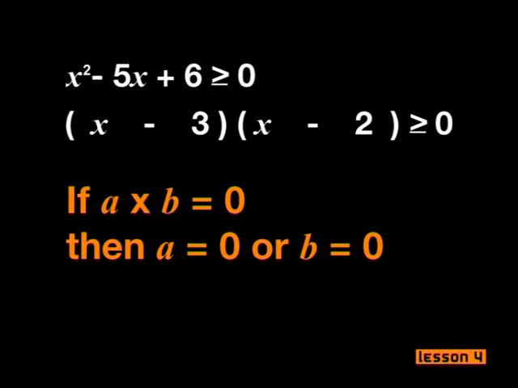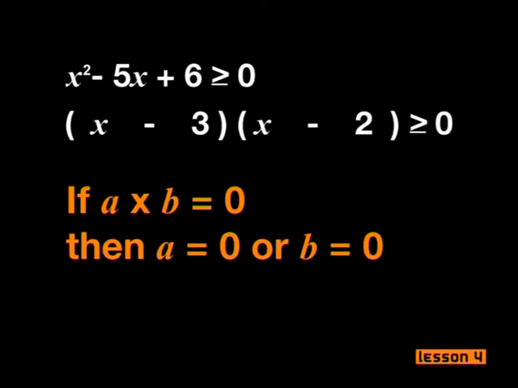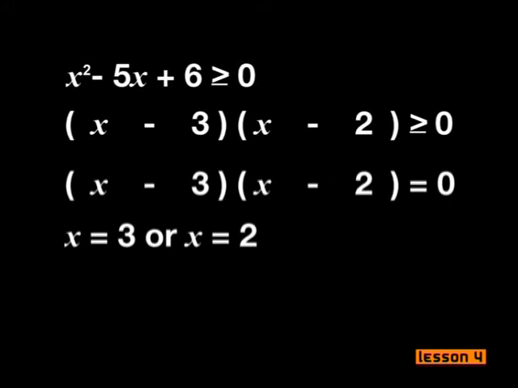We already know from quadratic equations that if the factors multiplied together are equal to 0, either of the factors could be equal to 0. I see where you're going with this. So, if the factors together are 0 or positive, we can find two of the possible solutions when the quadratic is equal to 0, which means that two possible solutions are x equals 3 or x equals 2.